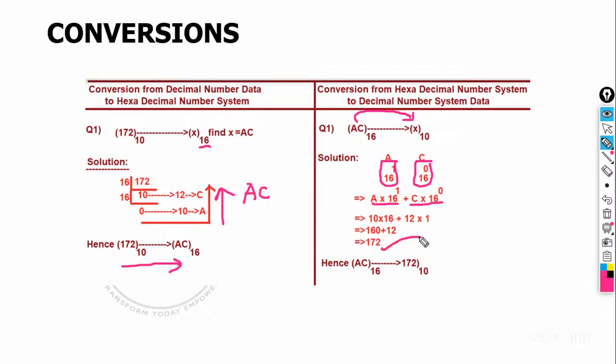It is 172. In this way, we can complete all the conversions. And friends, probably when we run the code next time, in the backend the conversions will be done automatically and it will display the output.